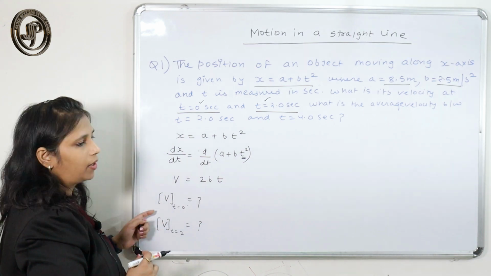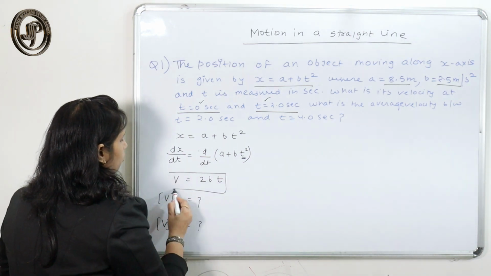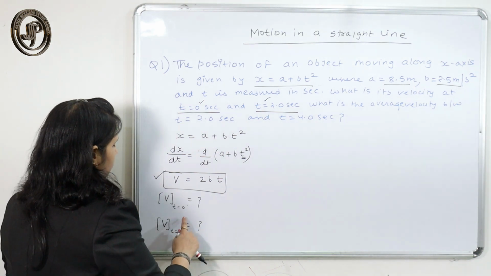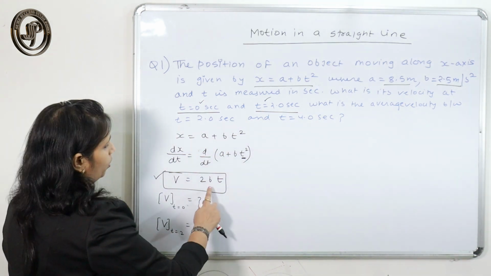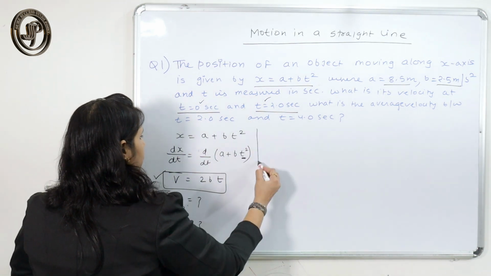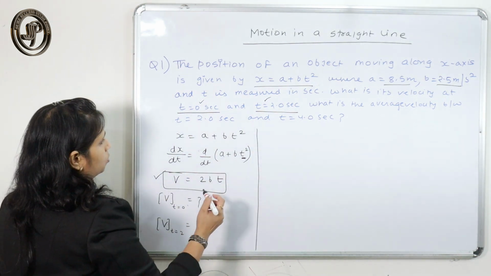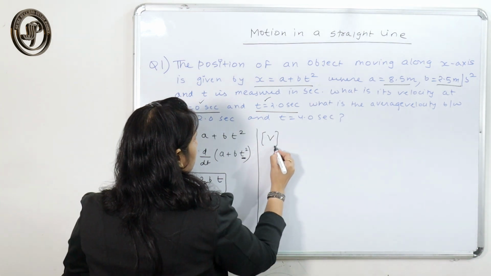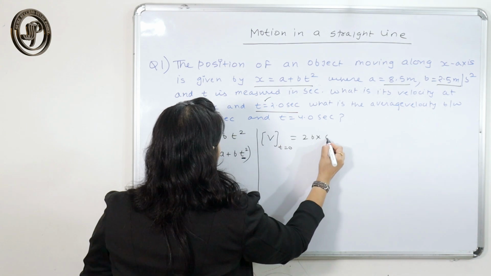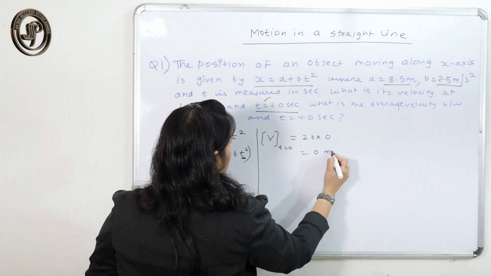How can we find it? This is the equation for v, so if I substitute the value of t here, and b is also given, I can get the values. The velocity at t equals 0 will be 2b into 0, so that is 0 only.